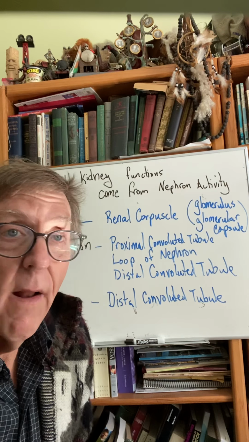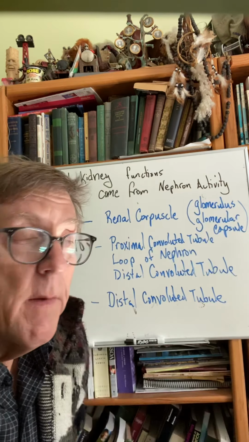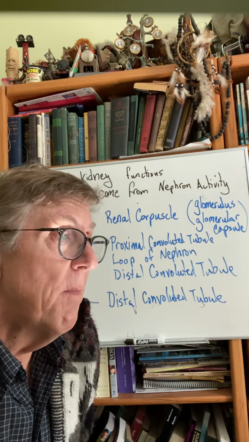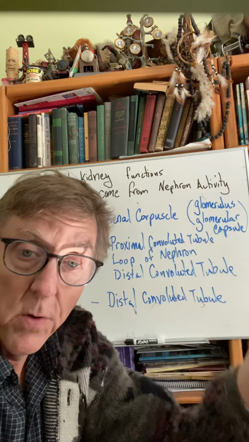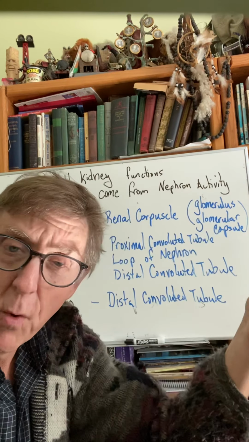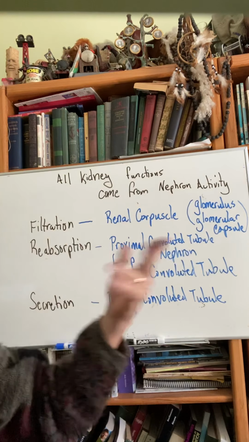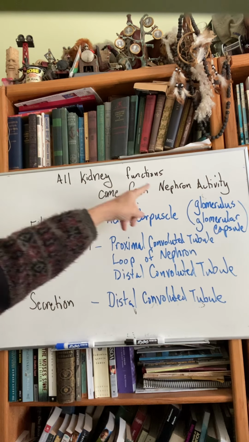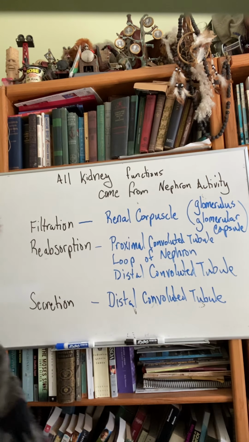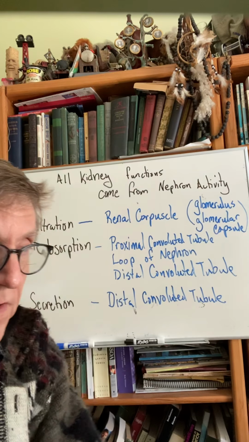We had talked about how water balance is there, the control of blood cell formation through the secretion of erythropoietin. It occurs there, but all of these functions that we're talking about relate to the functions of that little tiny structure called the nephron that we introduced last time.